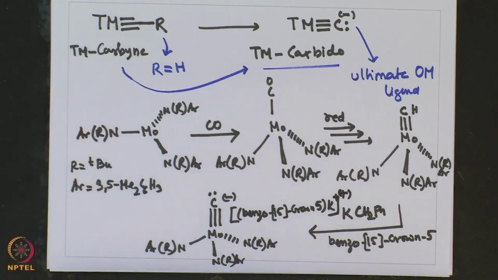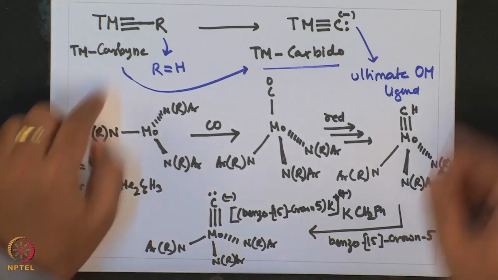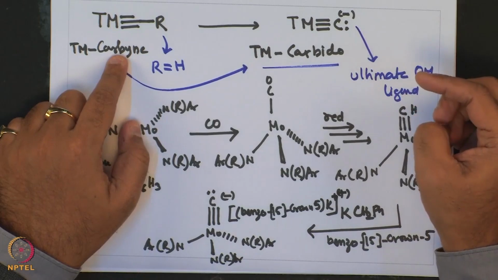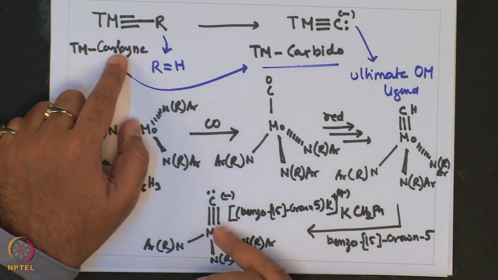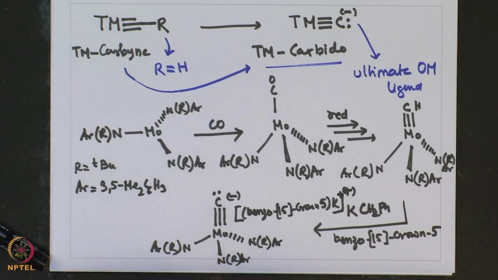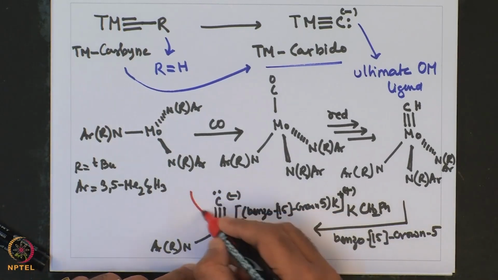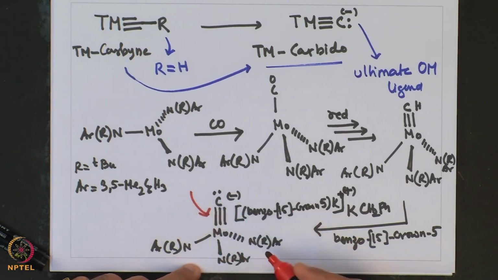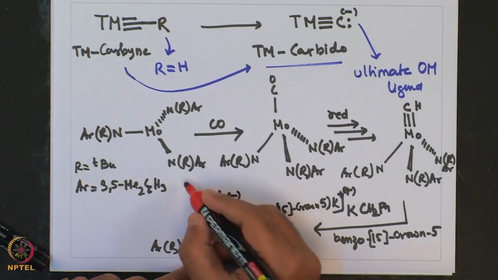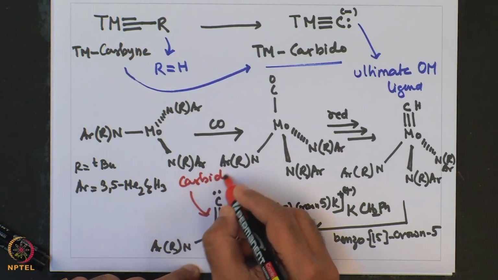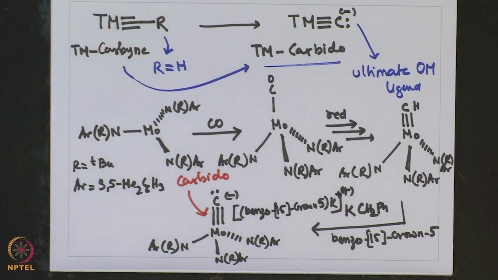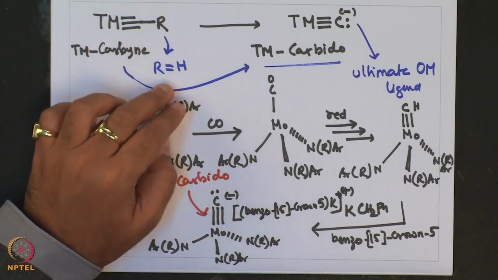So, this is an interesting example where a carbyne moiety is efficiently converted to a carbido moiety, where there are no substituents on the carbon, and it is bare carbon bound to metal. This is the ultimate organometallic ligand, and these are called carbido ligands, and they can be prepared from transition metal carbyne complexes where R is only hydrogen.